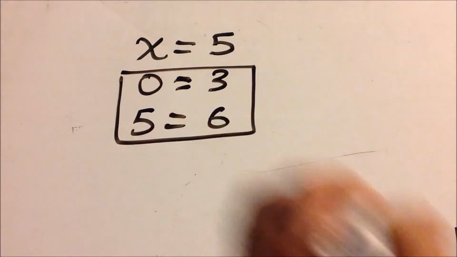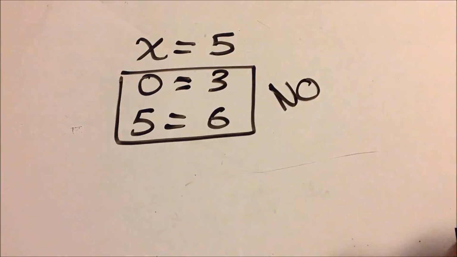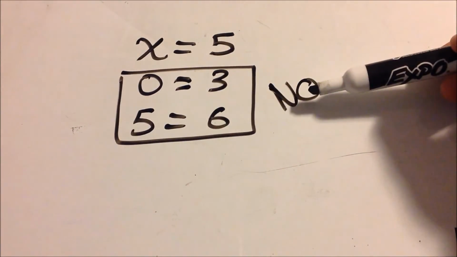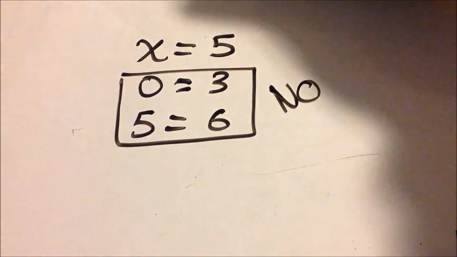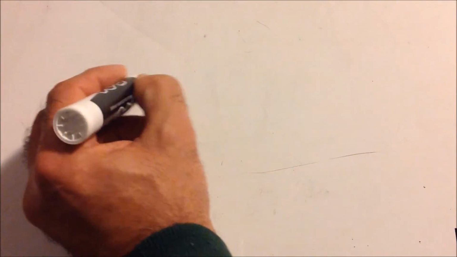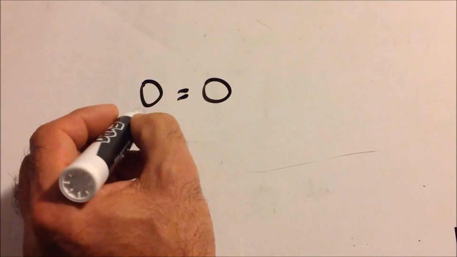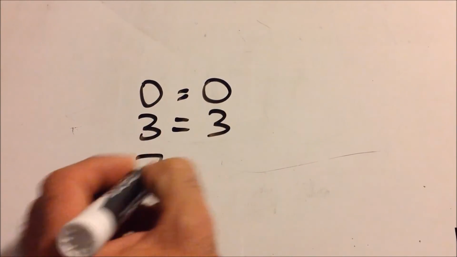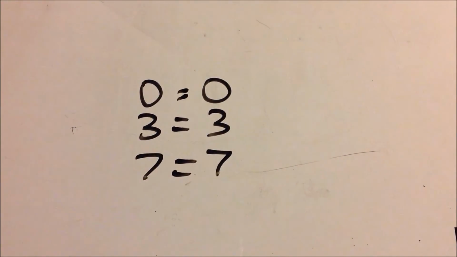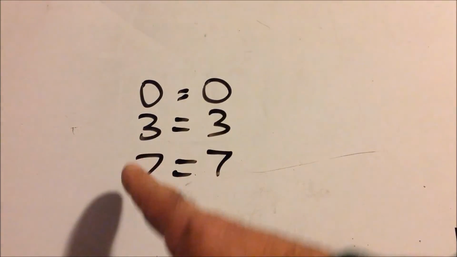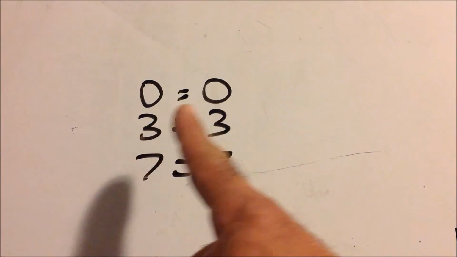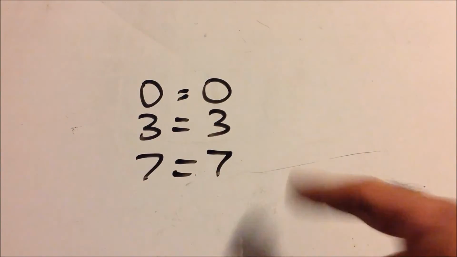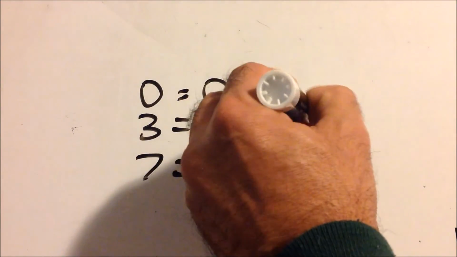There's no solution. One solution, no solution. Now if you get the same number, let's say 0 equals 0, or 3 equals 3, or 7 equals 7, it doesn't matter what it is, it could be half equals half. If you have one thing equaling the same thing, then you have many solutions. Many solutions.